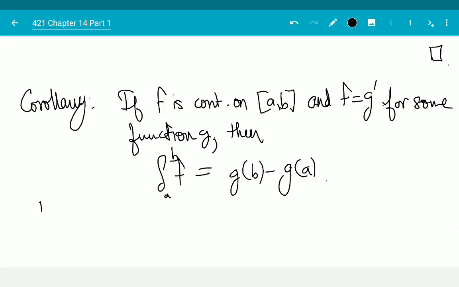So what that means is, if I take the derivative of g, and then I integrate it from a to b, the value is going to be g of b minus g of a.